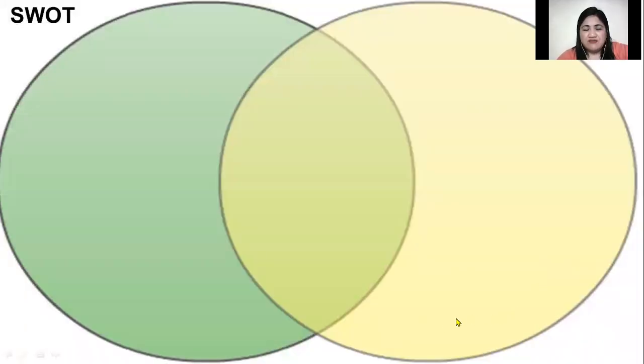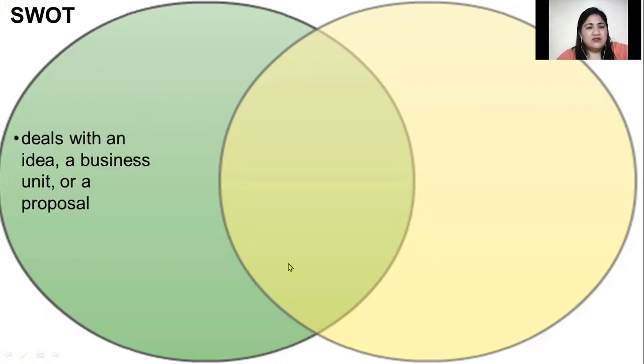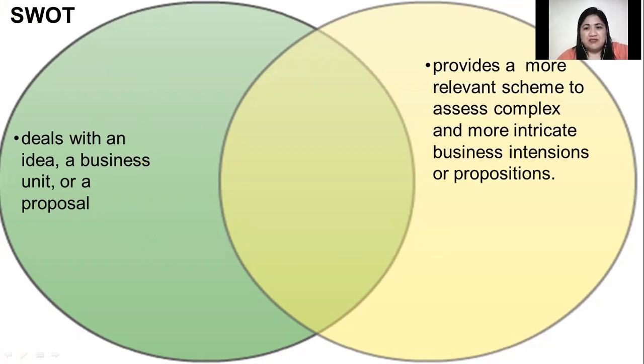Let me just give you a wrap up. Let's do the similarities and differences between the SWOT and the PEST analysis. So the distinguishing factor of SWOT is that it deals with an idea, a business unit, or a proposal, wherein the PEST naman provides a more relevant scheme to assess complex and more intricate business intentions or propositions.